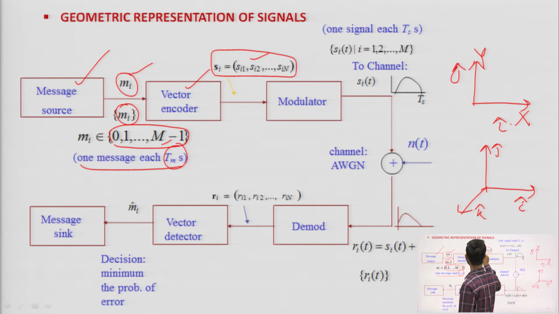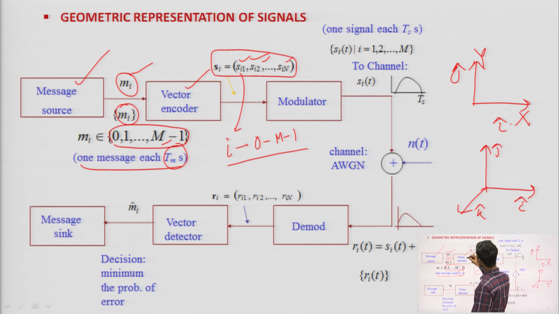Here i lies between 0 and m minus 1, for si, that is si1, si2 and sin.